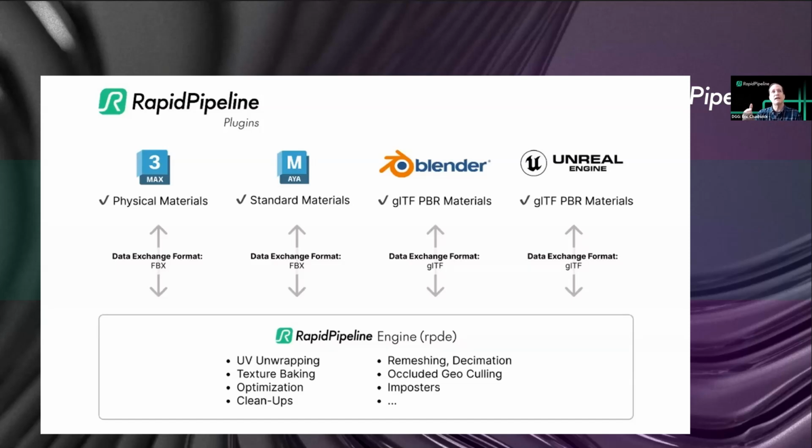We exchange data between the application and our runtime using different formats depending on which tool it is and what kind of formats it supports best. Right now, FBX is the format of choice for a lot of tools, but that's being phased out. Autodesk has definitely talked about how there are security holes in FBX and it's really an aging format. It's probably better to replace it, and so they're moving towards USD as the new format of choice.